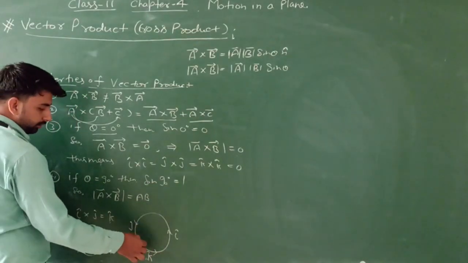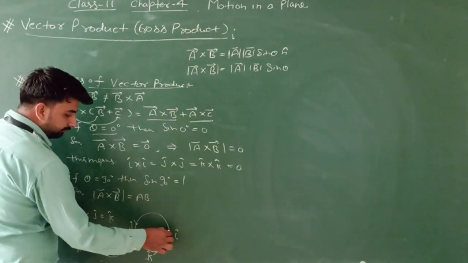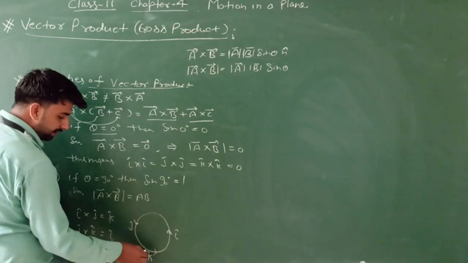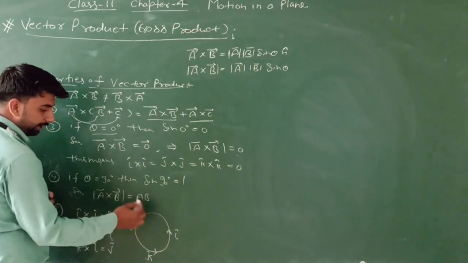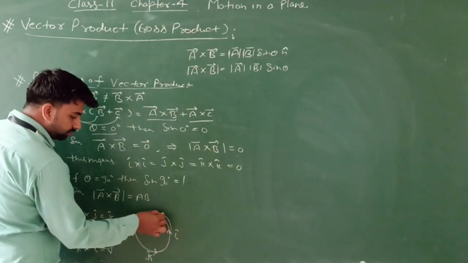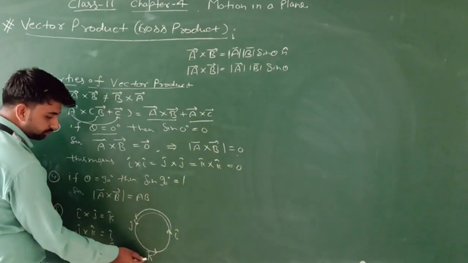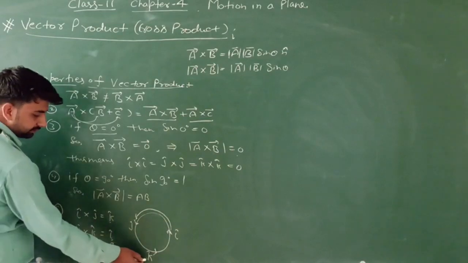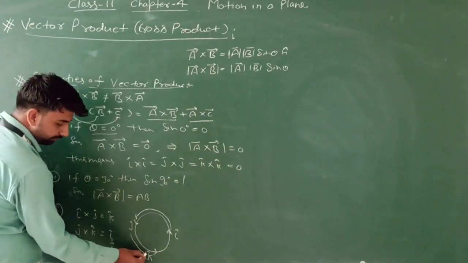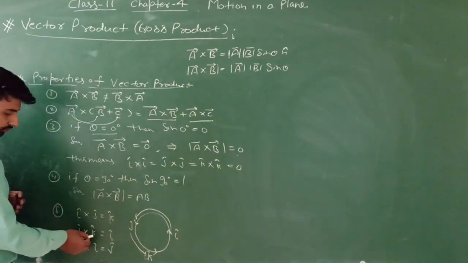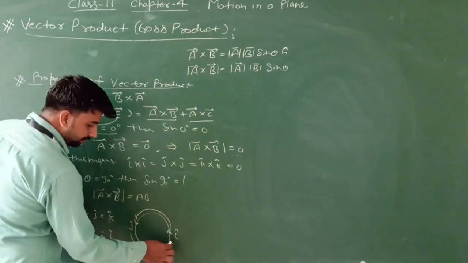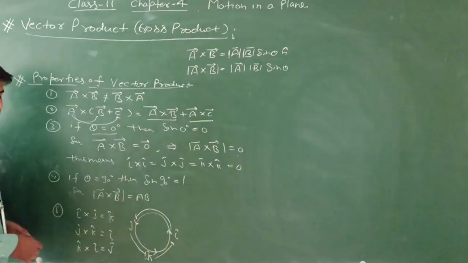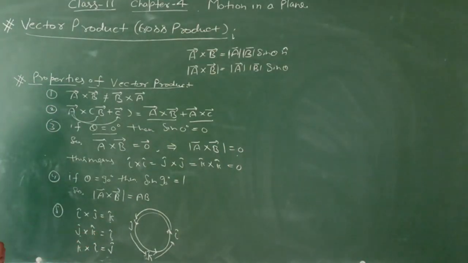We can remember this formula by using this trick. If we draw a circle and represent i cap, j cap and k cap on it, then if we move in the anti-clockwise direction, i cross j is equal to k, j cross k is equal to i, and k cross i is equal to j.